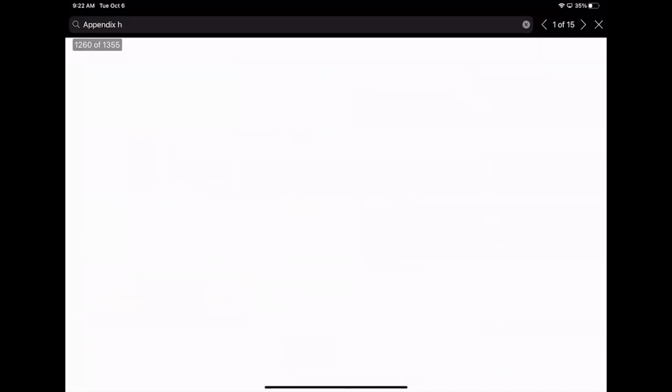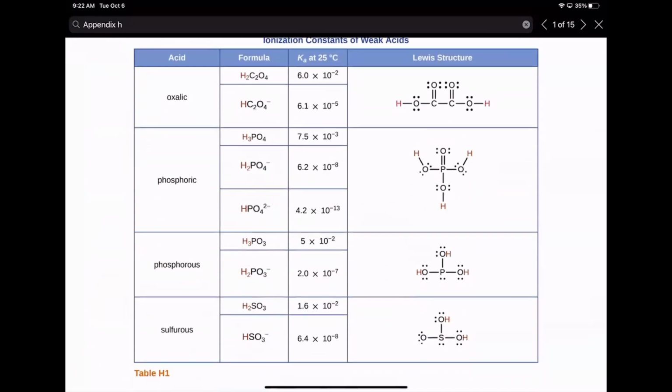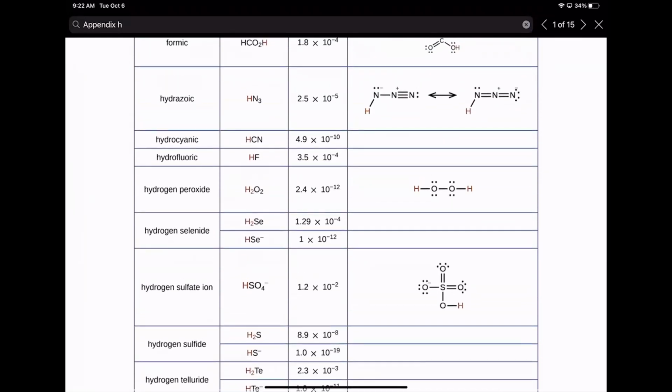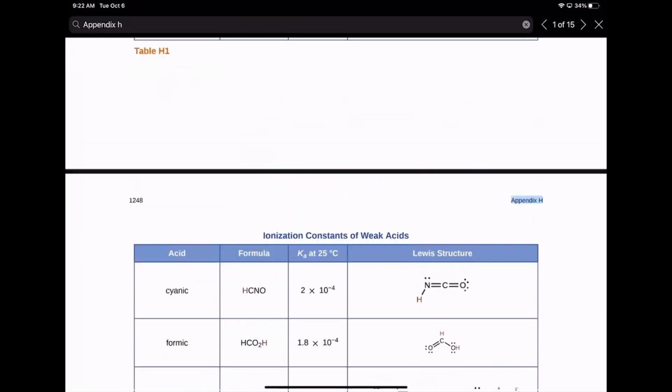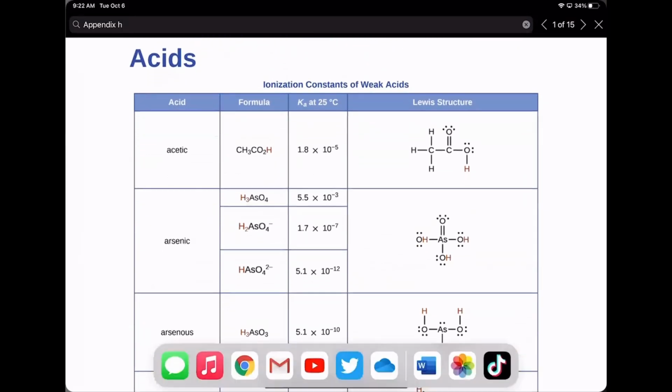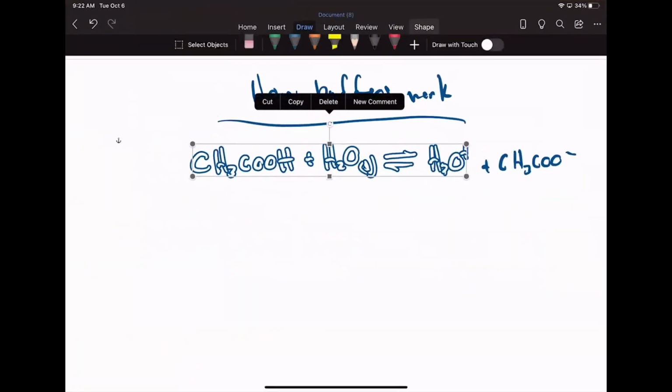Oh, really, they don't give you acetic acid, huh? Oh, there it is, acetic acid: 1.8 times 10 to the minus 5. All right.